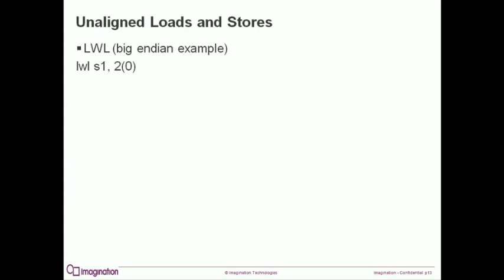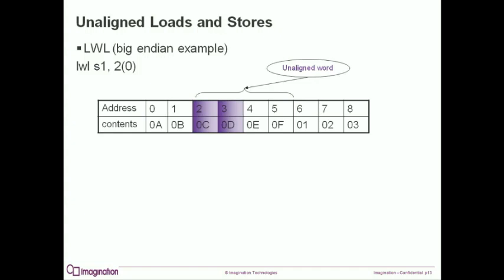First, use the load word left to load the most significant 2 bytes of the unaligned address into the most significant bytes of the destination register. For this example, the unaligned word is in bytes 2, 3, 4, and 5. S1 is the destination register, and the register being loaded from is at address 0 with an offset of 2.